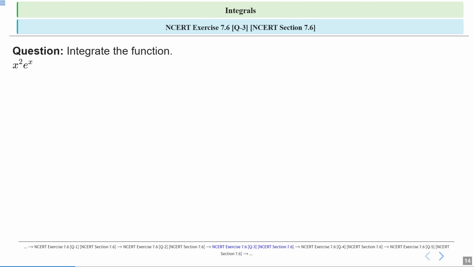So now the third question is to integrate the function x square e^x. The first function is algebraic and the second function is exponential. So think about which function we have to take as u and which function we have to take as dv.